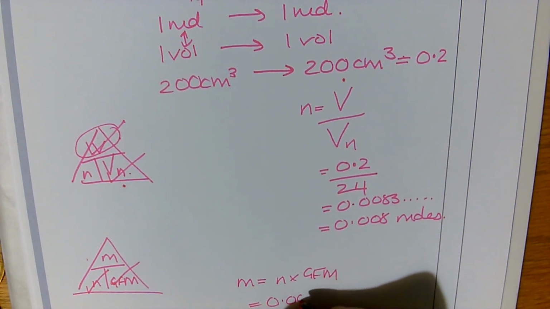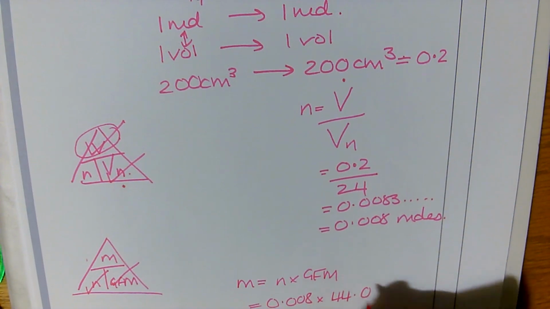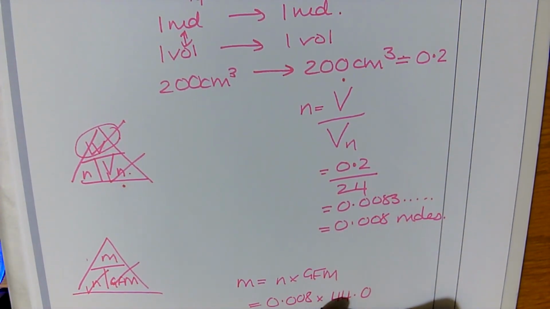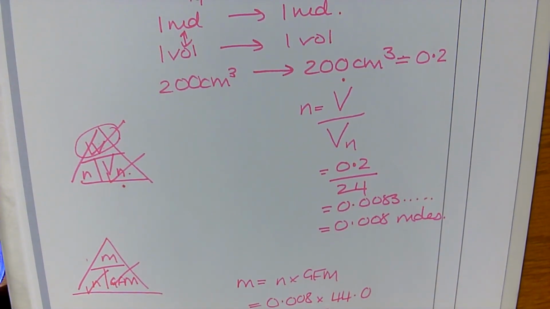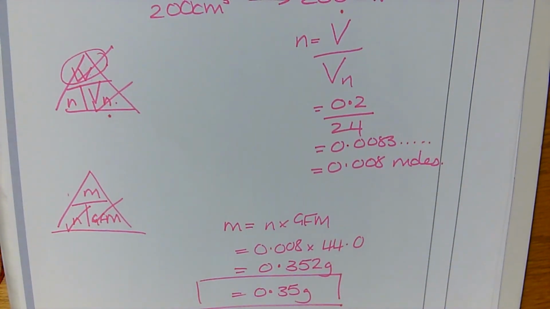We've got our 0.008 moles that we've just worked out, and that is times by 44.0 grams of carbon dioxide, and we're going to get an answer of 0.352 grams. Obviously you can round that to 0.35 grams. So our final answer there for 2 marks is 0.35 grams of carbon dioxide are produced.